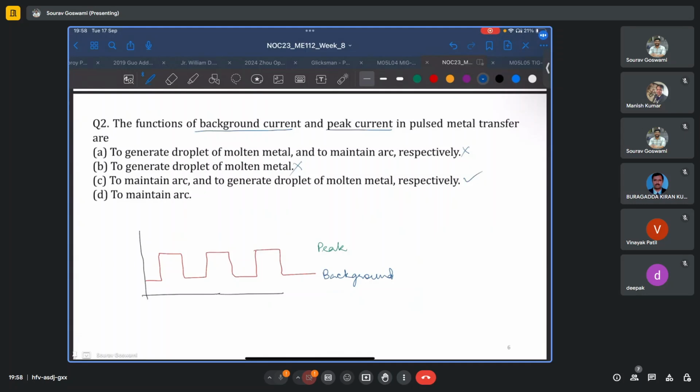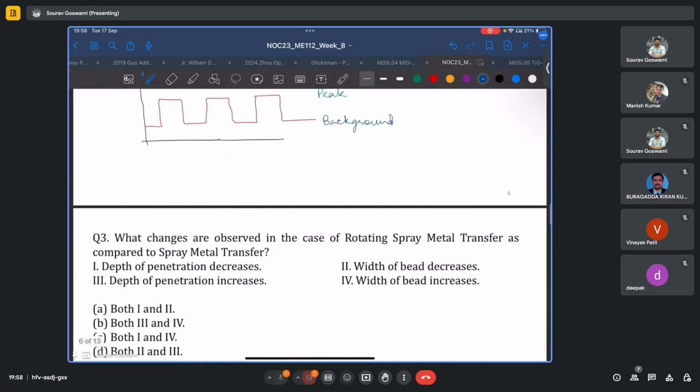Or are both used simply to maintain the arc? Now, as we remember, the background current simply serves to continue the arc and prevent the extinguishing of the arc, whereas the peak current corresponds to the time when the molten metal is finally large enough to drop and get transferred to the substrate. So option C is correct.